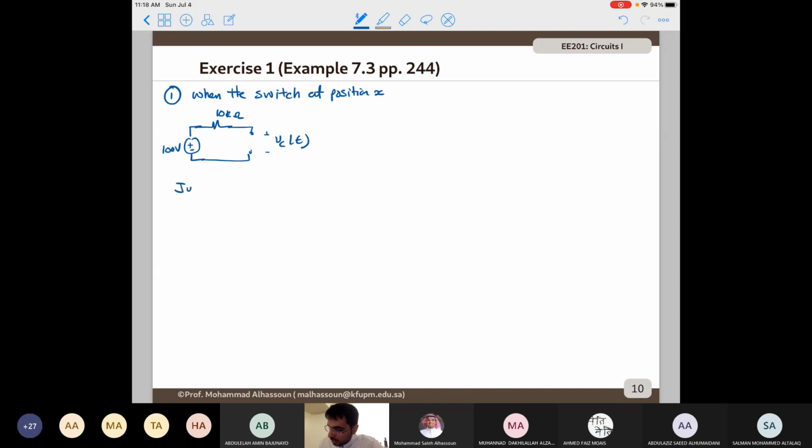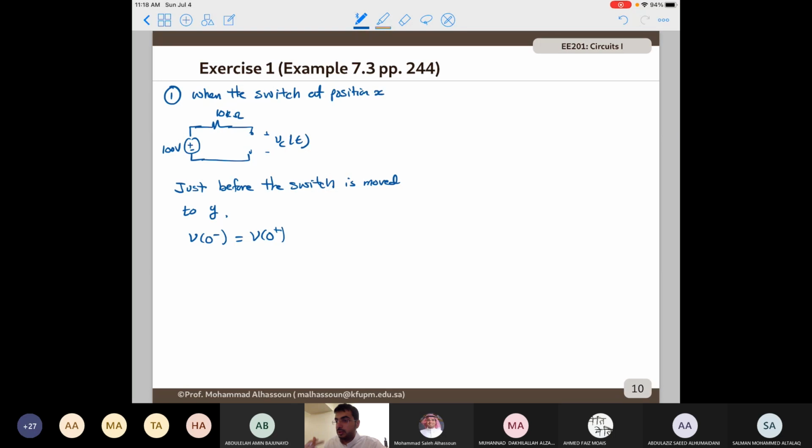So just before the switch is moved to Y, we have V0 minus equals V0 plus.